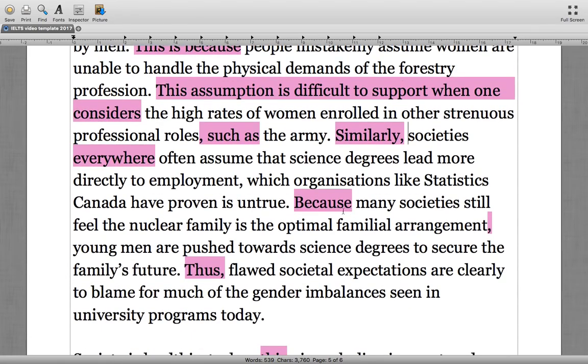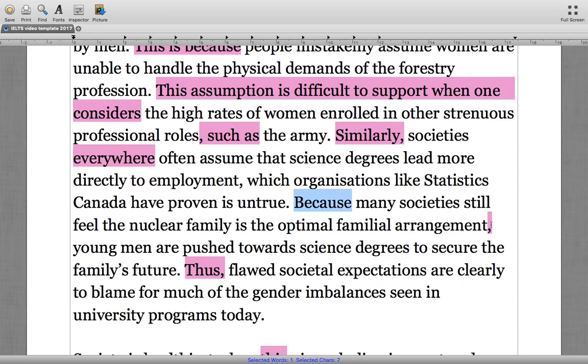"Because many societies still feel the nuclear family is the optimal familial arrangement, young men are pushed towards science degrees to secure the family's future." So here I am starting my sentence with "because," which is an error if you are using it as an independent clause.